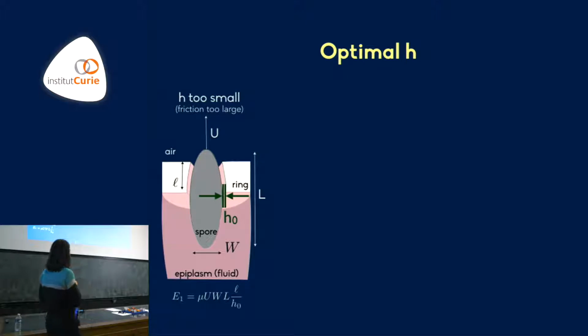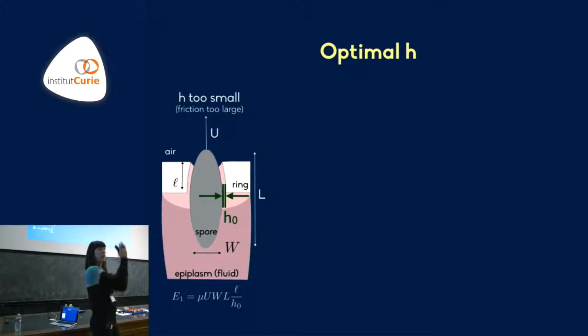Why? Because fluids are at rest close to solid boundaries. This is not always the case, but maybe yes. So the fluid is at rest here at the ring surface, and it's moving with the velocity of the spore right here. So if this layer is tiny, the shear stress is huge. The gradient of the velocity is huge. So this is not good.